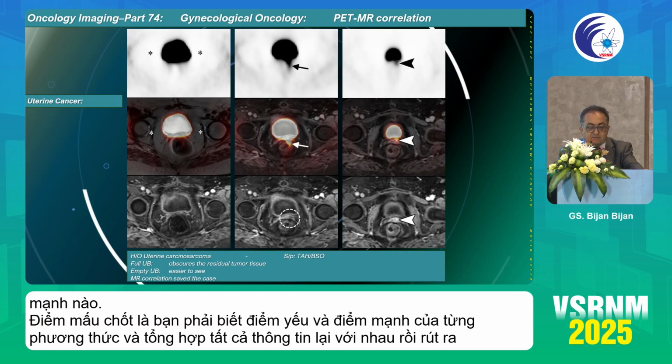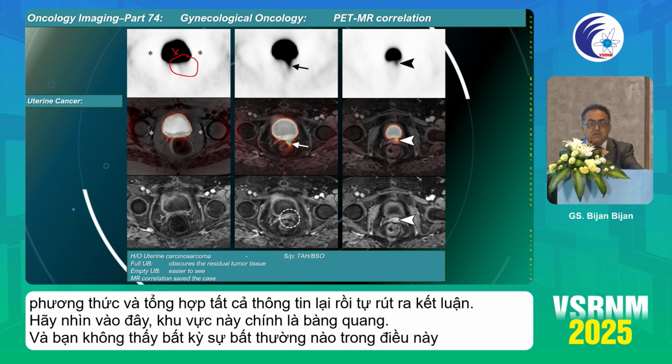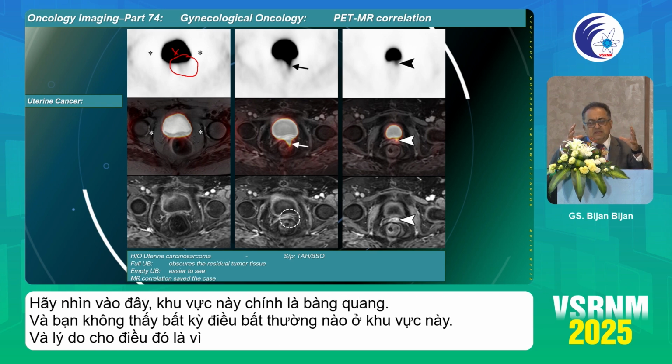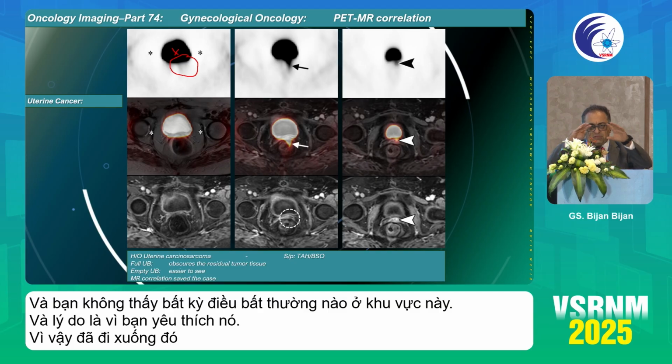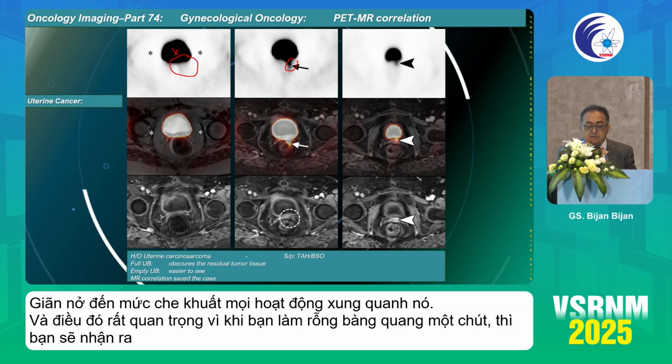Take a look at this area. This is the urinary bladder, and you don't see any abnormality in this area. The reason for that is that the urinary bladder is so distended that it obscures all the foci of activity around it. That's very important because when you empty the bladder a little bit, then you start realizing there was something here in the posterior aspect of the bladder.